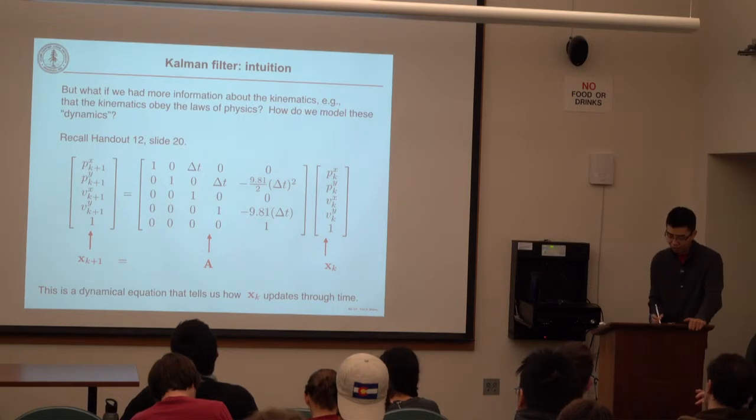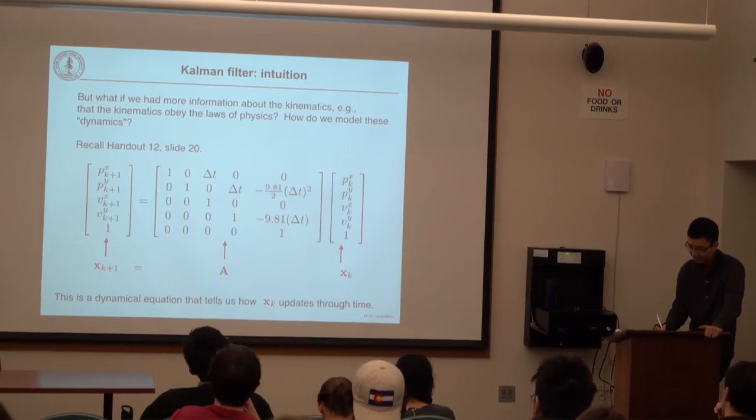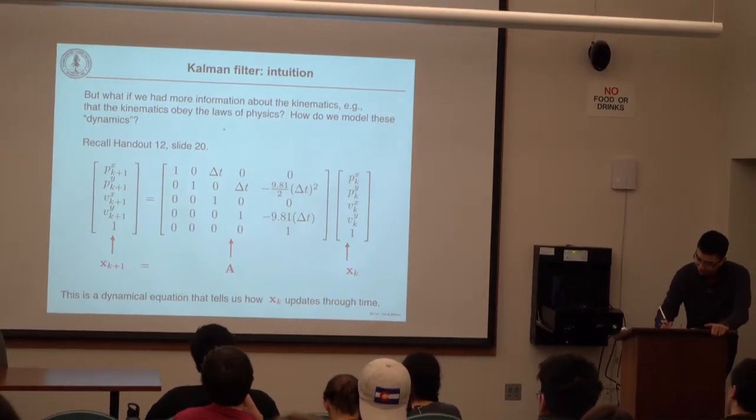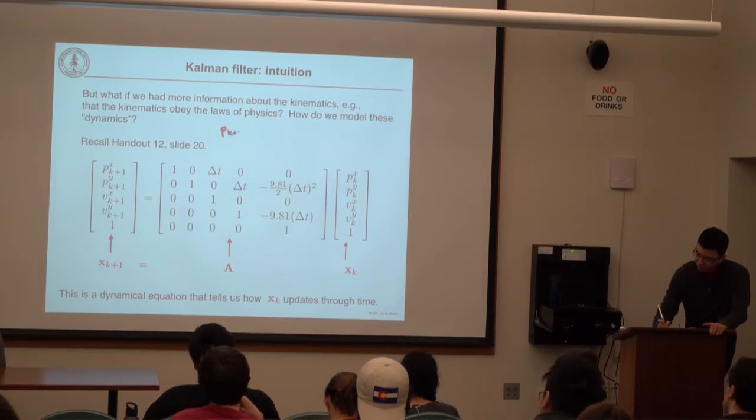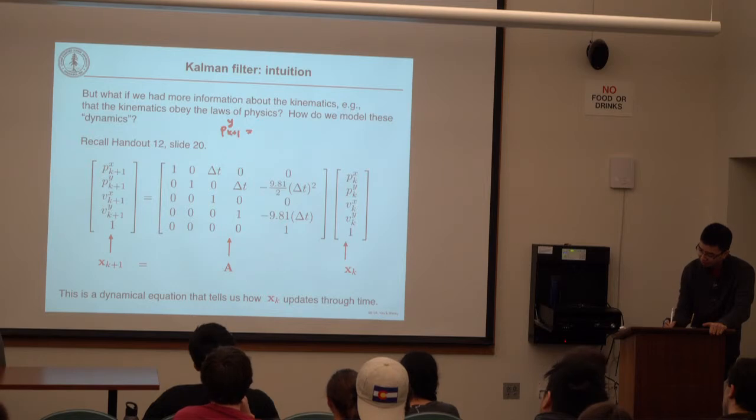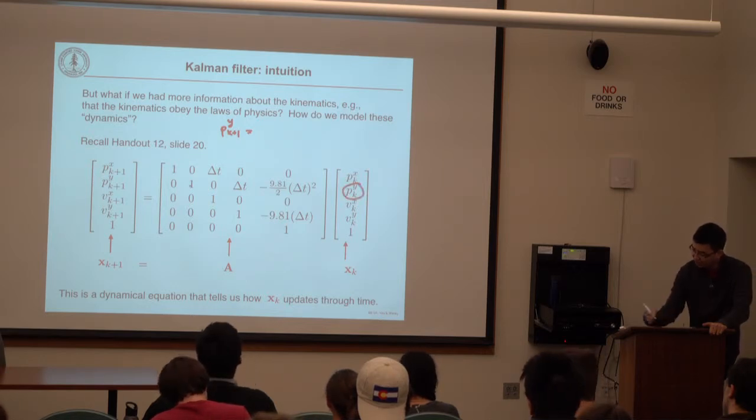And so, for example, if we were to look at the second row here, we would get that p of k plus 1 in the y direction, right? Here, y is equal to 0, 1. So this one term is picking out this term right here.